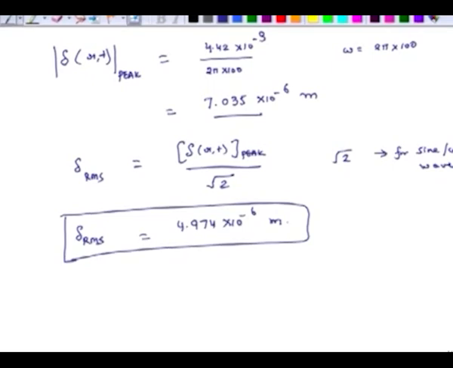Finally, we move further and say, now that we have also calculated displacement and velocity and all other parameters at r equals 10 meters, one question we can ask ourselves is how the sound pressure level in decibels changes. At r equals 10 meters, it is 96 decibels. Let us say that if I go further, at some location the sound pressure level may go down to 70 decibels.